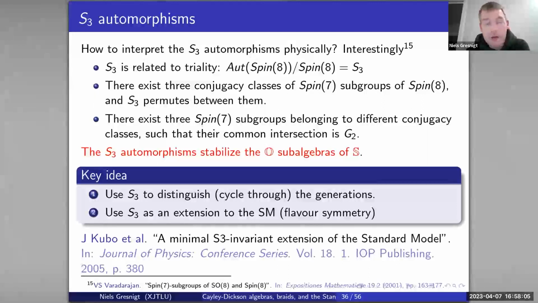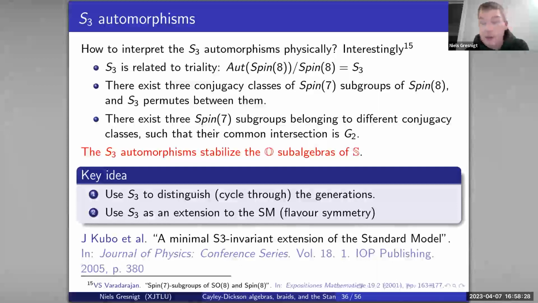So what I tried to do is use S3 as a means of cycling between the 3 different generations. But one of the problems there is that the S3 automorphisms actually stabilize the octonion subalgebras. So then it's not possible to use the 3 octonion subalgebras to represent 3 generations, because S3 would stabilize them.